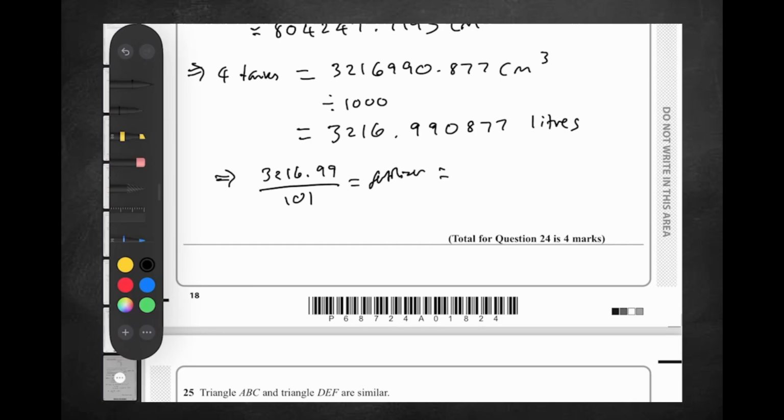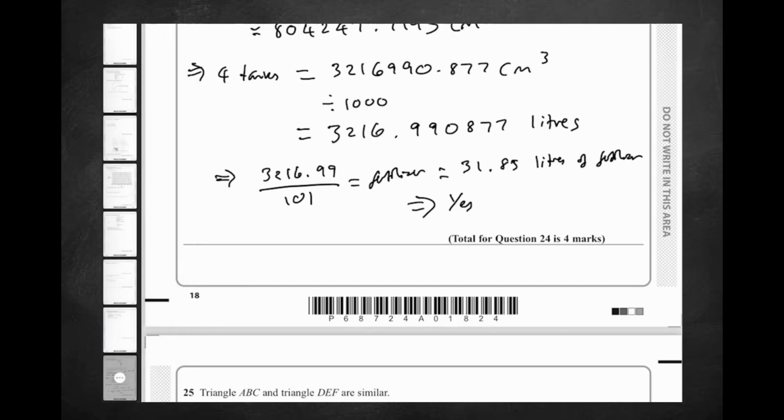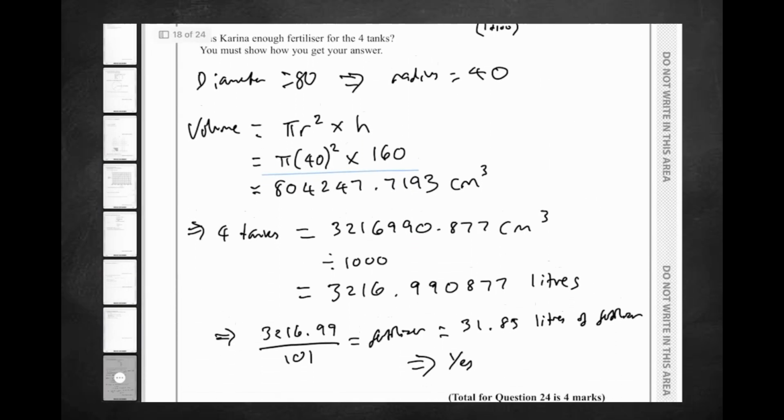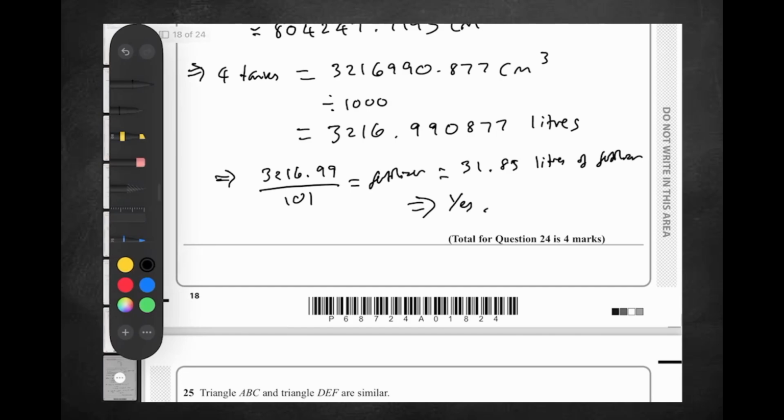And I've still got it on my calculator, so I'll divide by 101, and we get 31.85 liters of fertilizer. Therefore, yes, I believe it's Karina, isn't it, in the question? Karina has enough fertilizer.